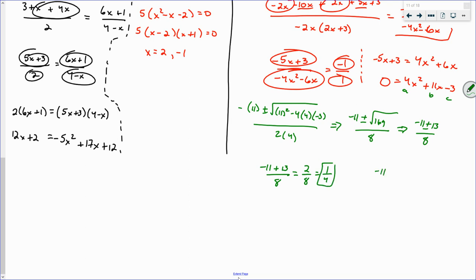Negative 11 minus 13 over 8 is negative 24 over 8, which is negative 3. Again, go back and check for extraneous solutions. Plug them back in, make sure they work. I know we did all the math right, but there's still quirks in mathematics where these won't plug in.